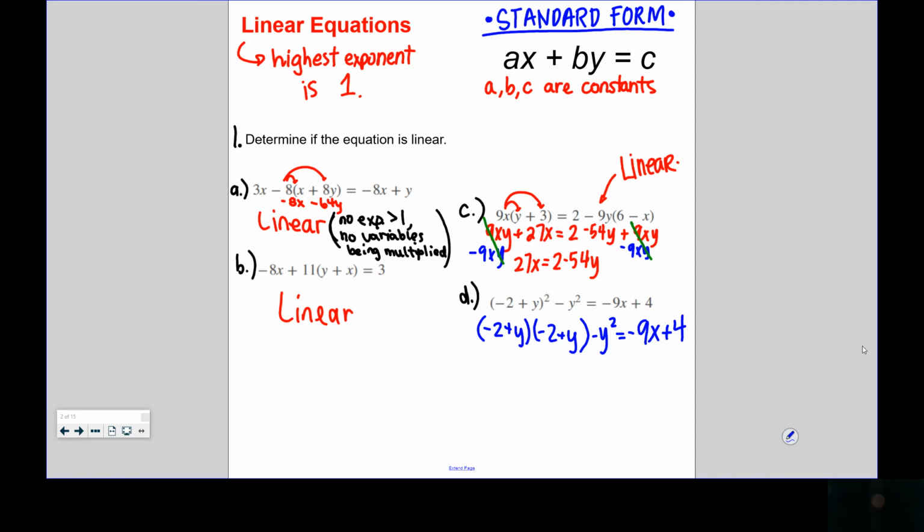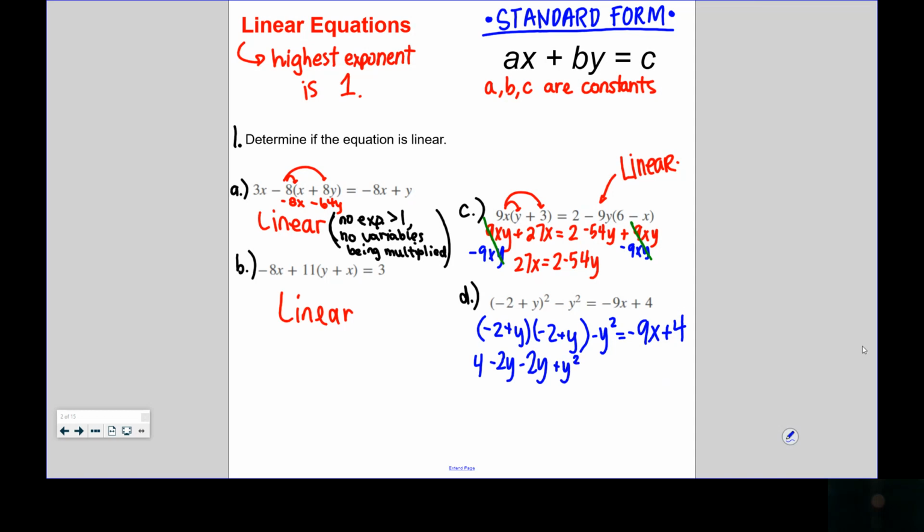Right, so start FOILing that out on the left. -2 times -2 is positive 4. The first, outside, that's -2 times y, so that's -2y. Inside, y times -2, -2y, same thing. I like to write the number in the front. I think it makes it look a little bit neater. All right, and then last, y times y is y squared.